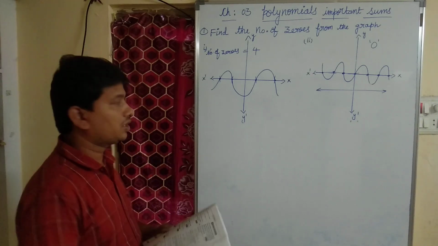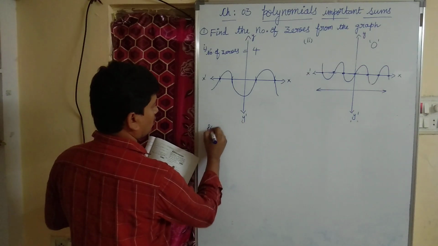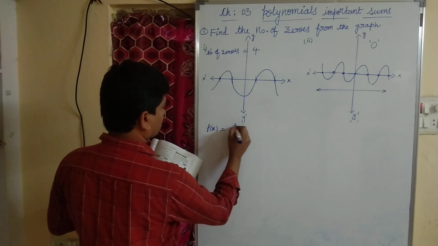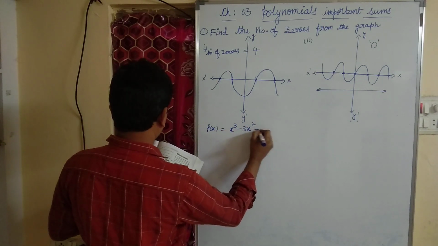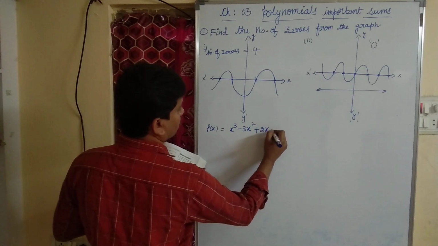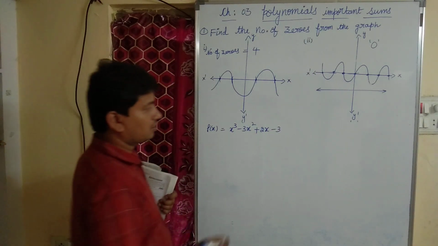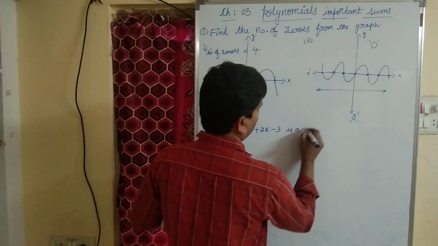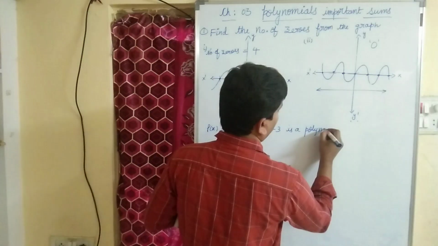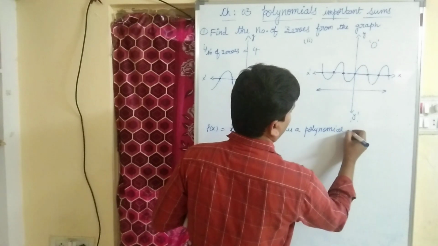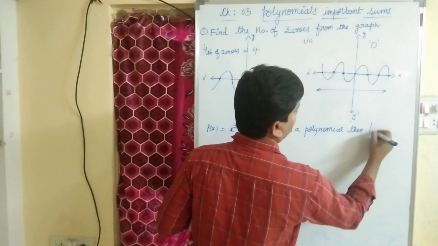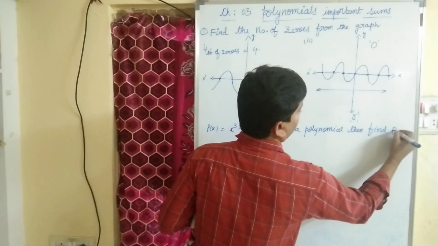If p of x is equal to x cube minus 3x squared plus 2x minus 3, a polynomial, then find p of 1.